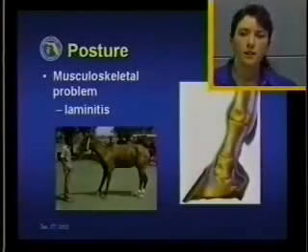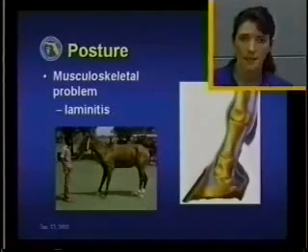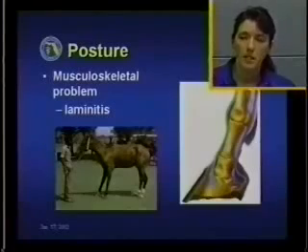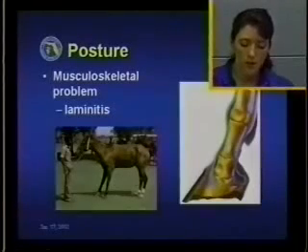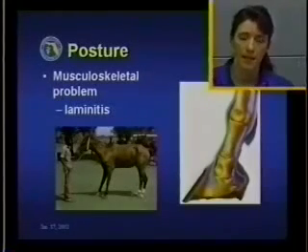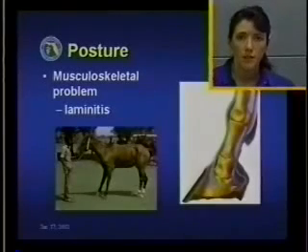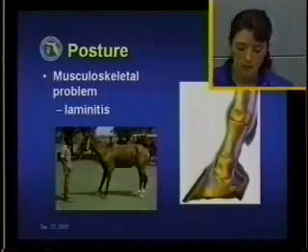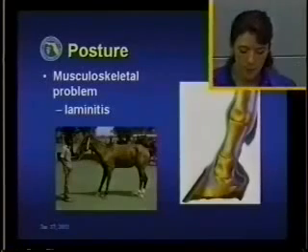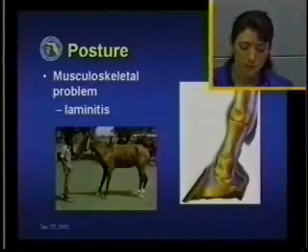The posture of horses can also give you a lot of information about some underlying diseases. Changes in posture can be caused by musculoskeletal problems, and a very common musculoskeletal problem observed in horses is laminitis. Laminitis is caused by the inflammation of the digital laminae, which is the tissue that connects the bone, the third phalanx, to the horn of the hoof capsule.